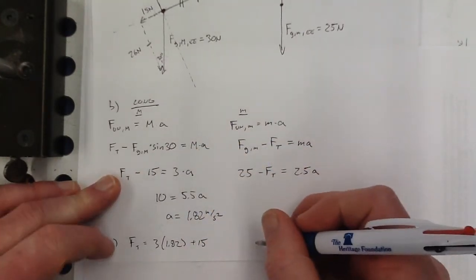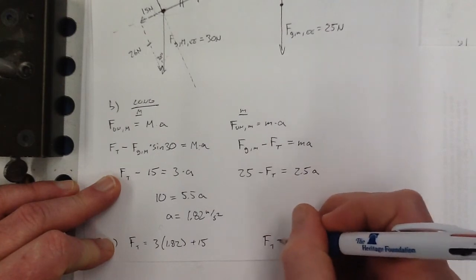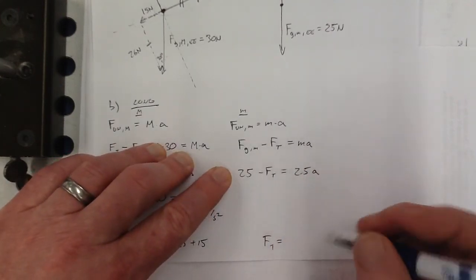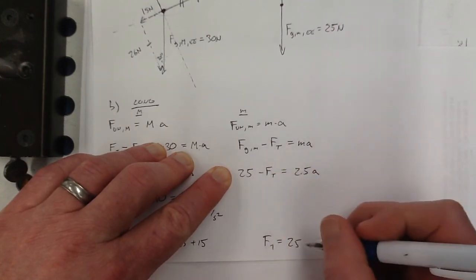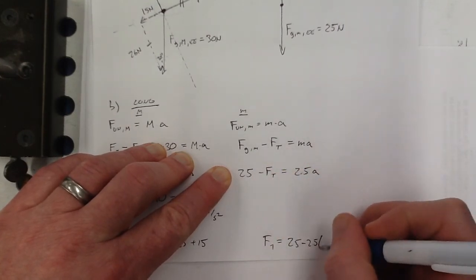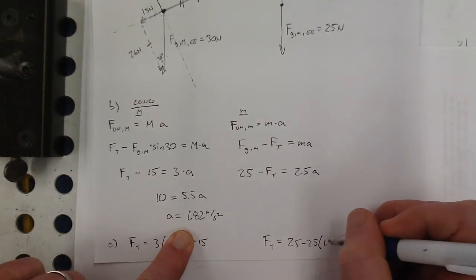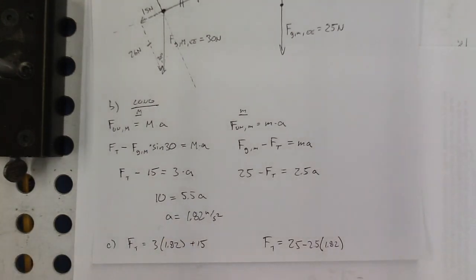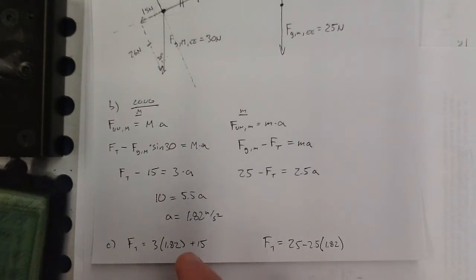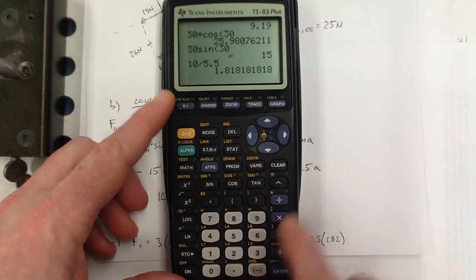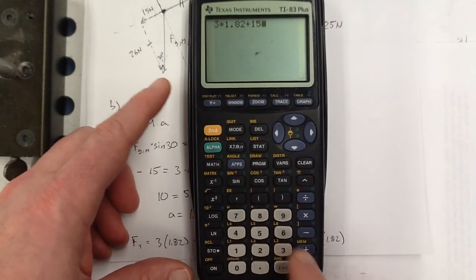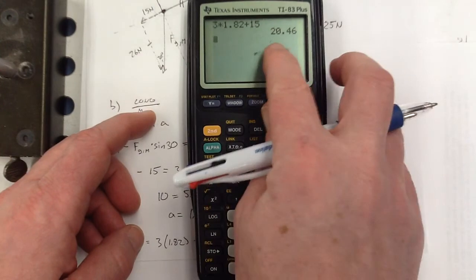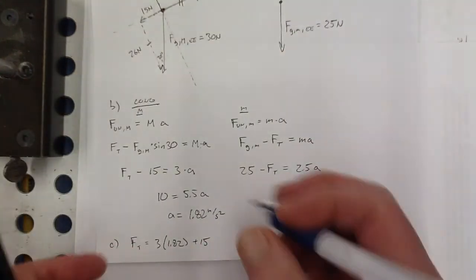And if I use this equation, add that over to this side and subtract that over, so it would be 25 minus 2.5 times the acceleration. And hopefully you get the same thing both ways that we do it. So 3 times 1.82 plus 15 gives me about 20.5.